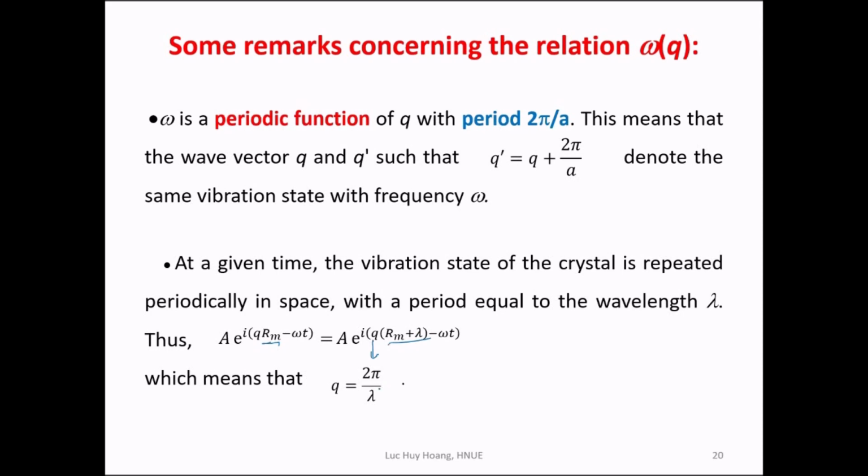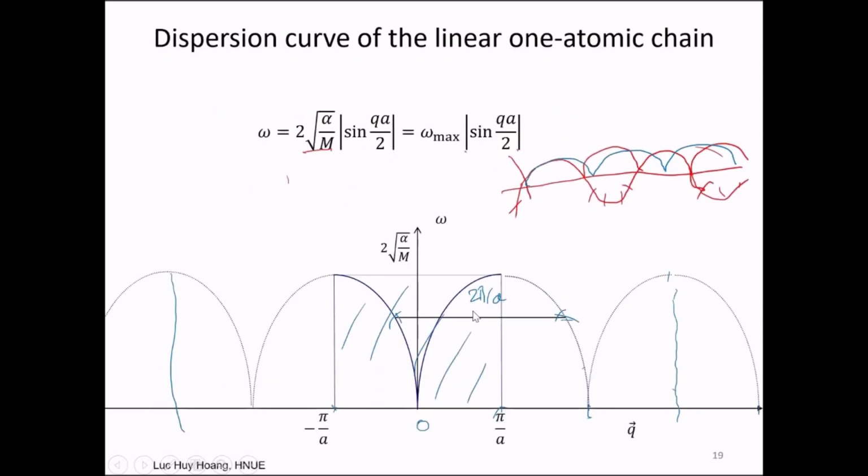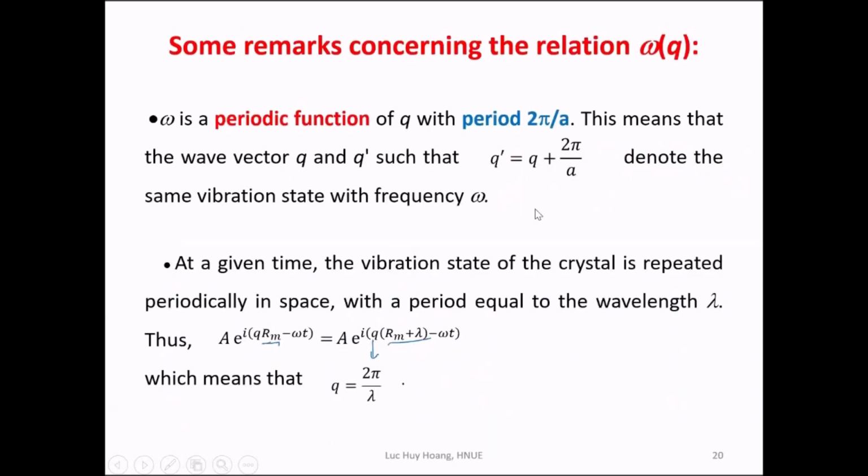So the lambda of the vibration we can calculate from this equation. We call it the period of the vibration. So we have found two properties from the dependence of omega on Q already, right?